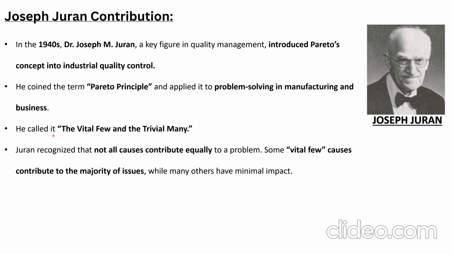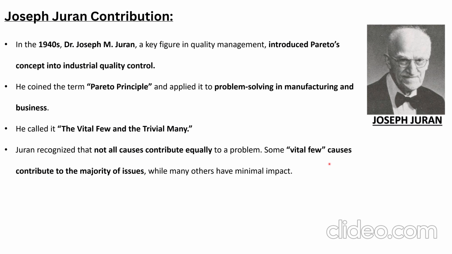He called it the vital few and the trivial many. Here, the vital few represent the 20% of the causes that produce the major impact, the 80%. Juran recognized that not all causes contribute equally to a problem.